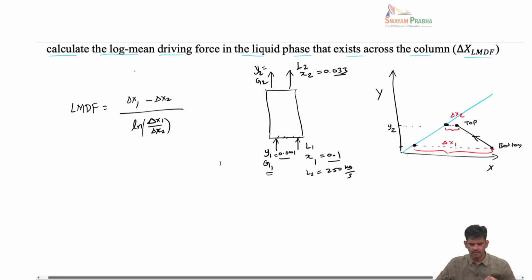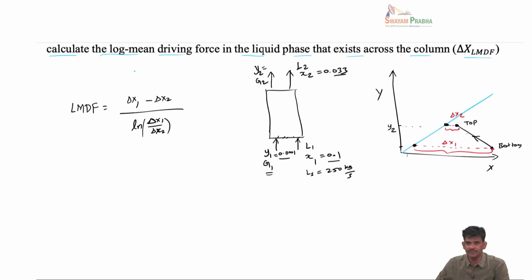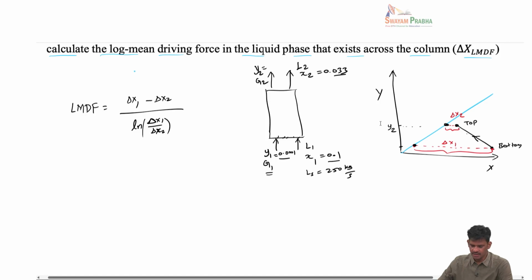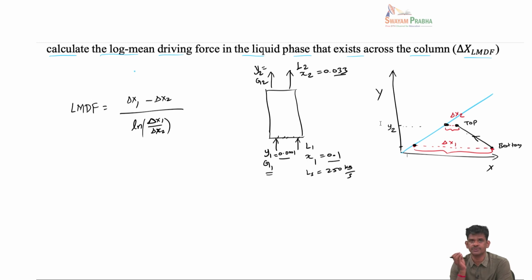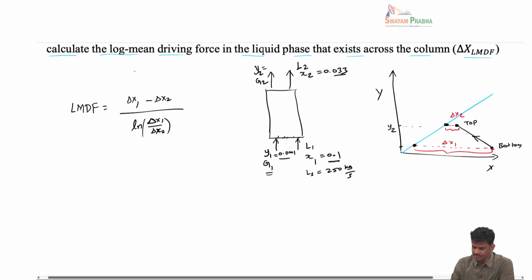Okay, we'll continue from the previous discussion. First let's convert all the mole fractions into mole ratios, because this comes under a concentrated mixture, as we talked about, 10% in the liquid phase and 3% on the outlet of the liquid phase.